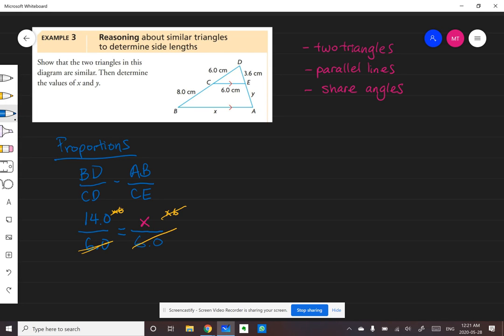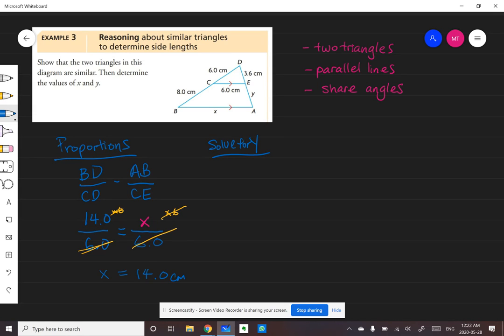So essentially what we end up concluding is X is actually just 14.0 units long. Centimeters. Now, what about y? Let's solve for y.